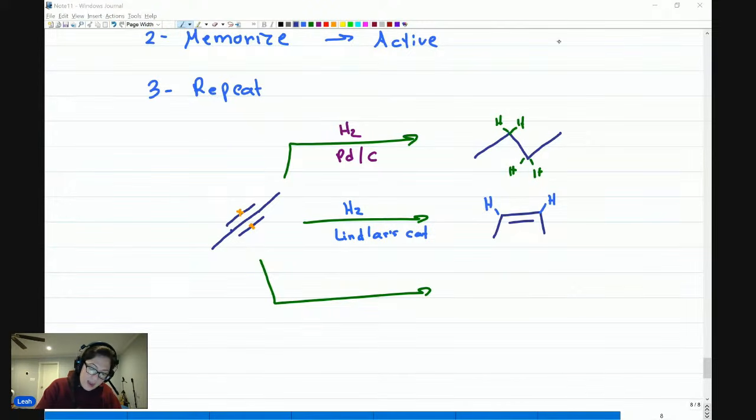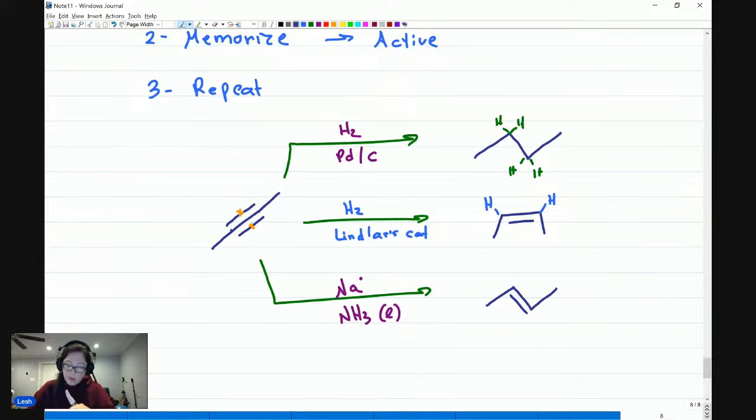If, however, I react it with what looks like a metal, because it is in all the way on the left of the periodic table, something like sodium or lithium in liquid ammonia, in this case, this is called dissolving metal reduction, and I still get one of the pi bonds broken, not two, but this one gives me a trans alkene. So again, it's a reduction, something's happening with reduction, but why does it go trans? First, I want you to notice that the way I drew the sodium, I drew a radical there even though you don't have to.